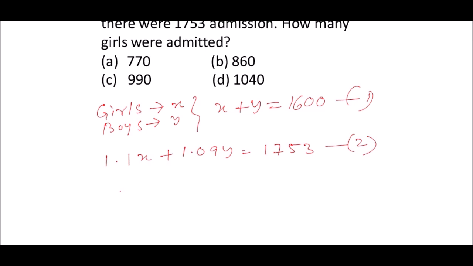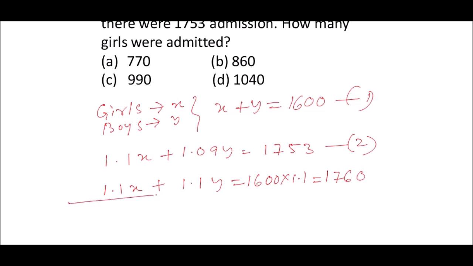Now, equation number 1 we multiply by 1.1 on both sides. Therefore, 1.1x plus 1.1y is equal to 1600 multiplied by 1.1. That gives you 1760.